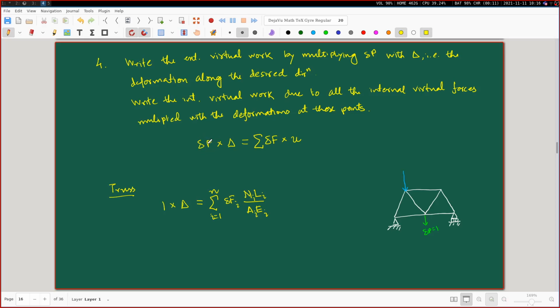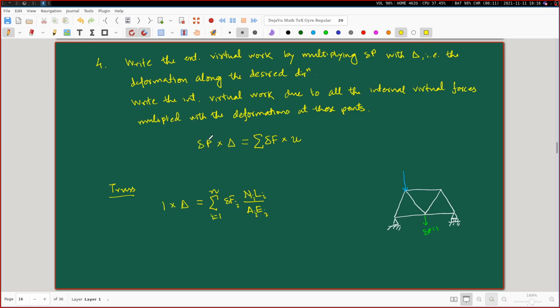Whether this is actually a force or a virtual moment, its magnitude we are going to set equal to 1. If it is a force, it is going to be multiplied with the actual deflection due to the real forces at that point of interest.